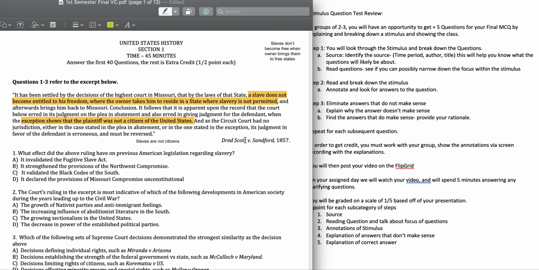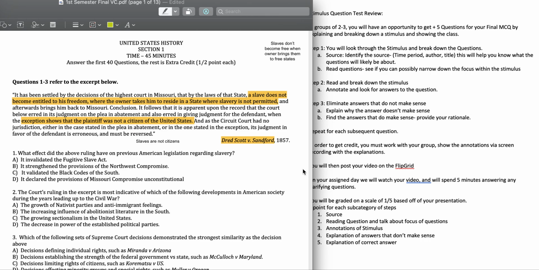So we now identify that Dred Scott versus Sanford is a court case that was reversed when the slave was free, quote unquote, but now no longer can be free because this court ruling reversed it, right?